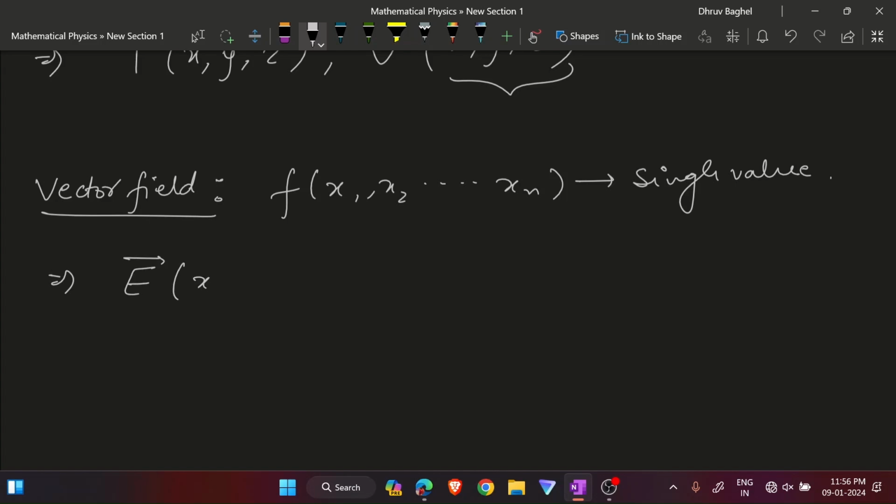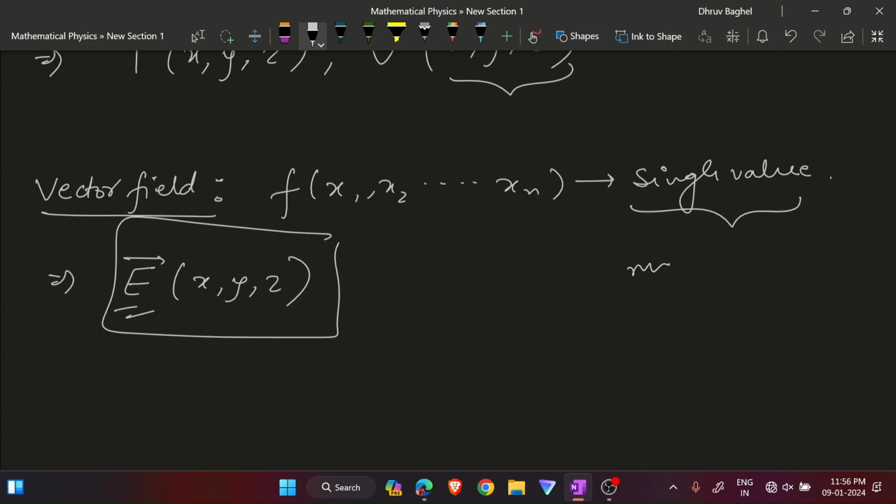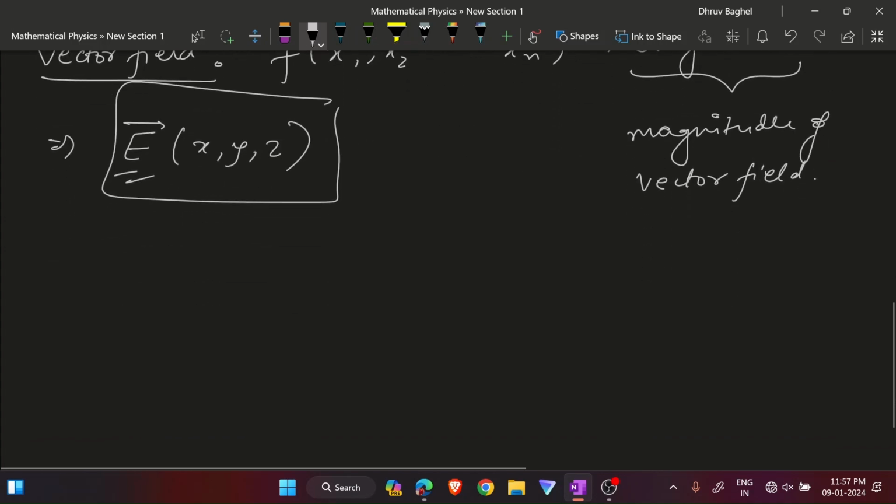Electric field can be dependent on space points, and every point in space will be associated with a value, which is the magnitude of the vector field at that point.